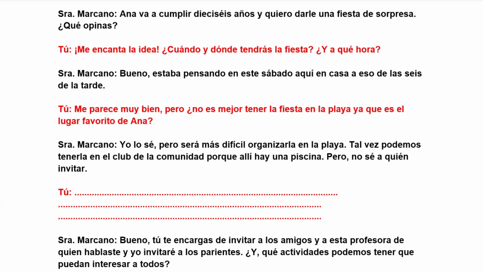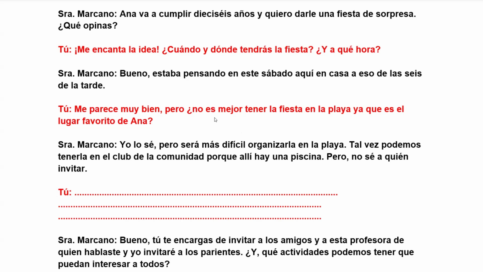We give this response because it relates back to what was said here. So that's why in our response we talked about having the party at the beach, based on Senora Marcano's response here about it being more difficult or harder to organize it at the beach. So I hope that has cleared up any misunderstandings for anybody.